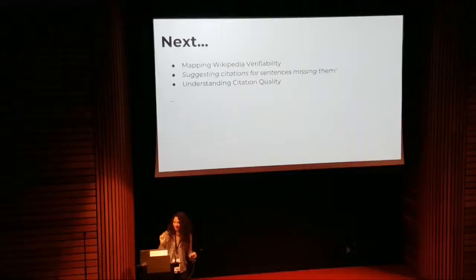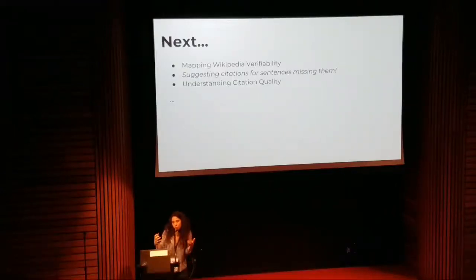Just another minute. Basically, we are going to apply this citation needed model to understand Wikipedia citations at scale, and understand in different languages and in different articles where sentences miss citations.